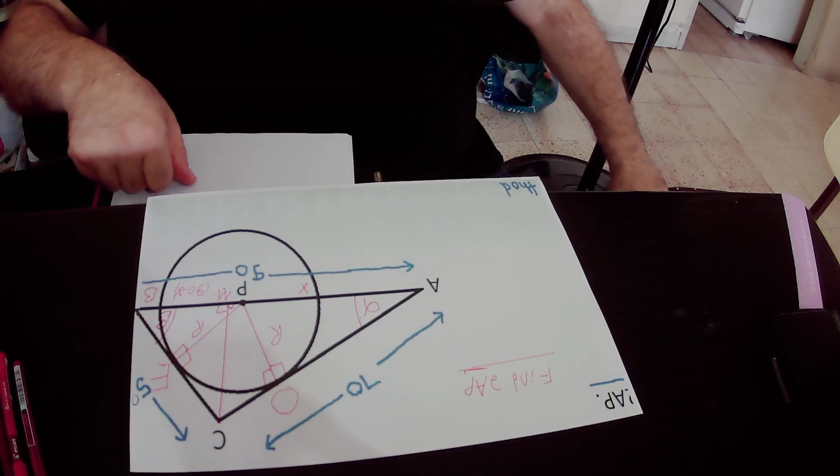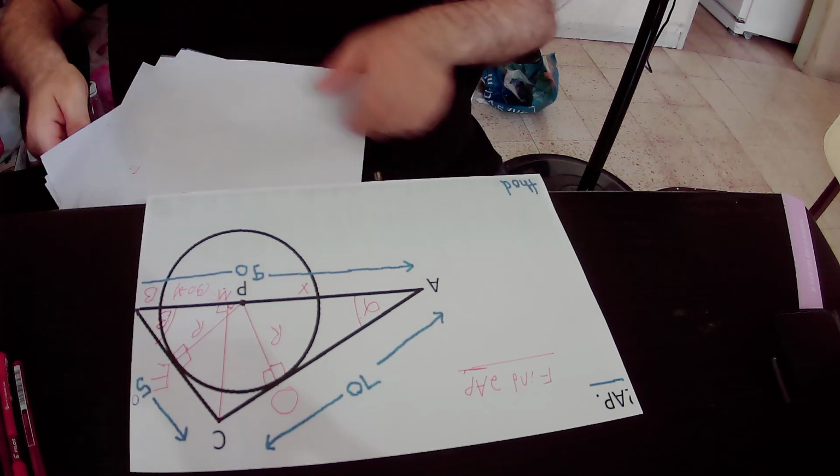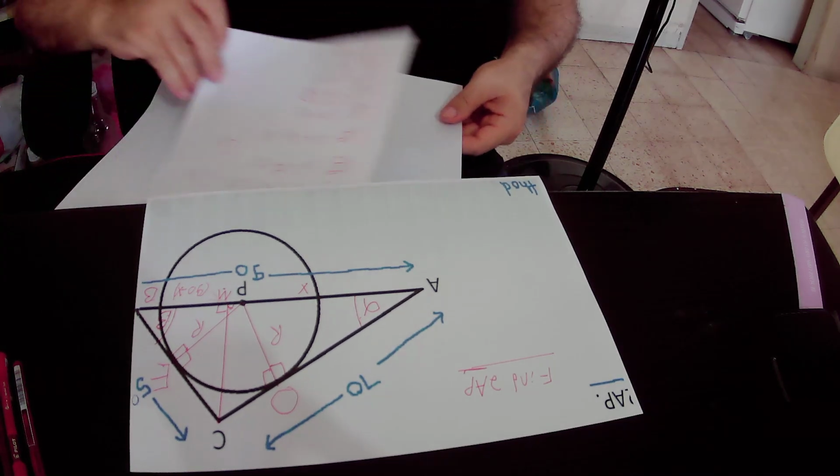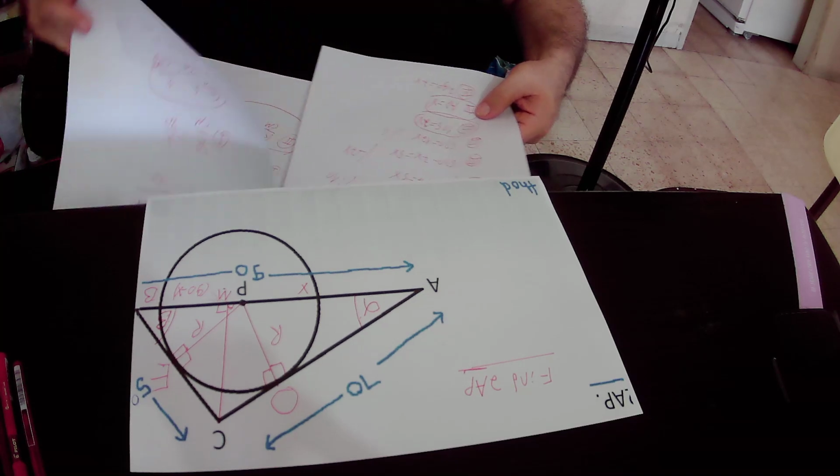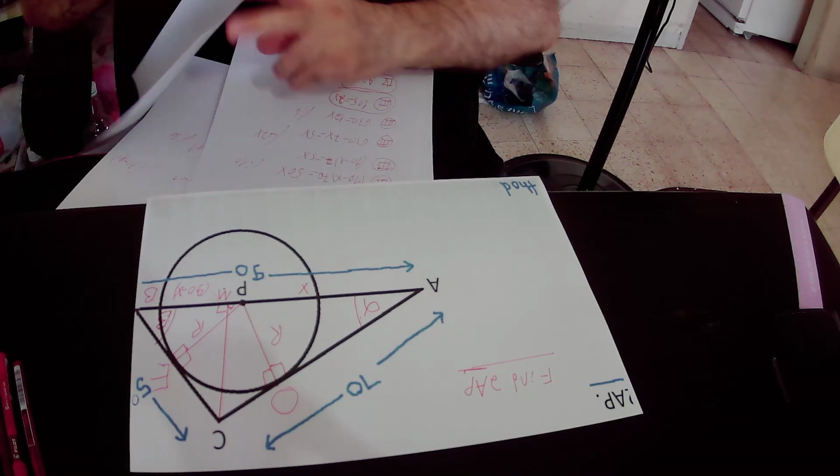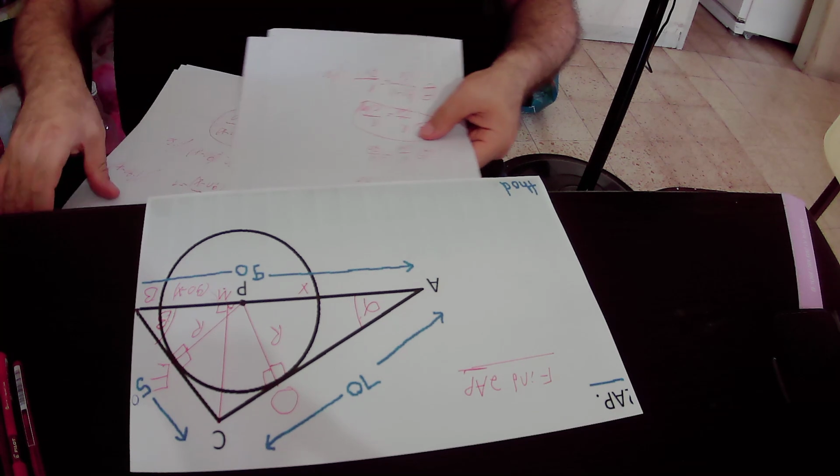Okay, so now I will summarize the lecture. Actually, we wanted to find the value of 2 times AP.